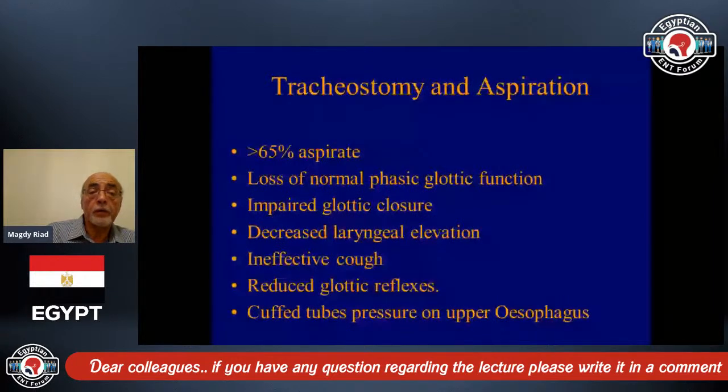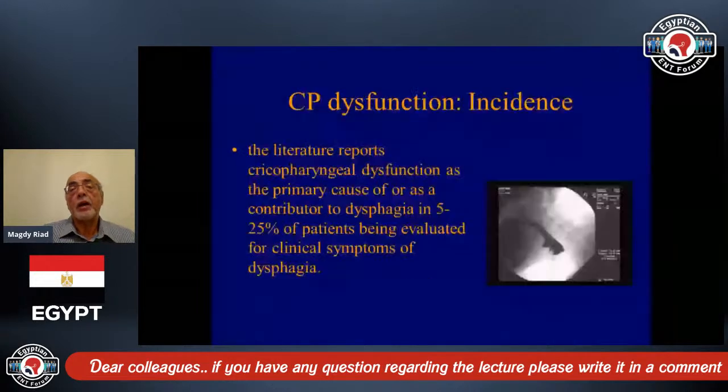For different reasons, the cuffed tubes will press on the esophagus. You will have reduced glottic reflexes, ineffective cough, and decreased laryngeal elevation because you have the trachea fixed by the tracheostomy tube. But you sometimes have to do it just to buy time, as I say, if you have a patient with a very bad chest condition.